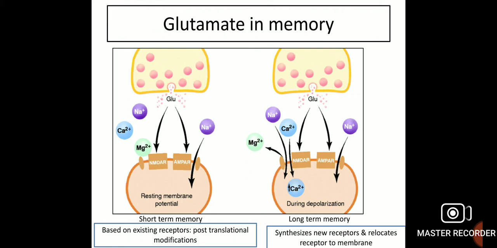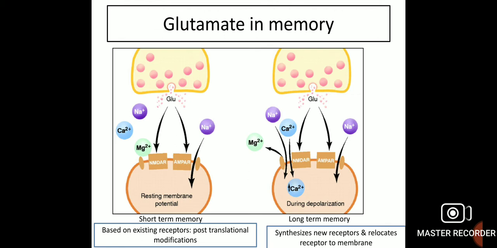These ions, or the further downstream signaling, lead to synthesis of new receptors, or if the receptors are already there, then their transfer or relocation to the membrane. By using messenger RNA, new receptors will be synthesized, which are transferred to the membrane.